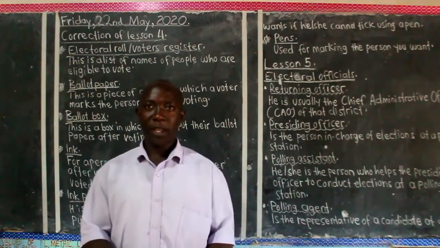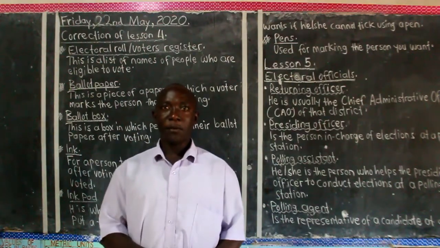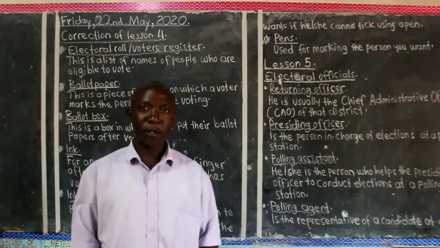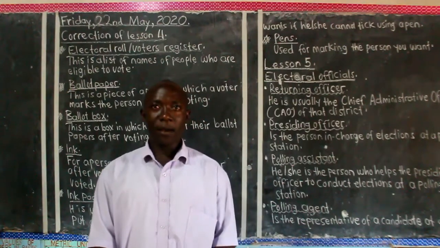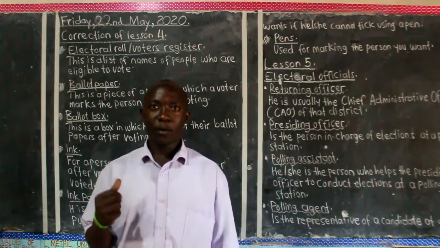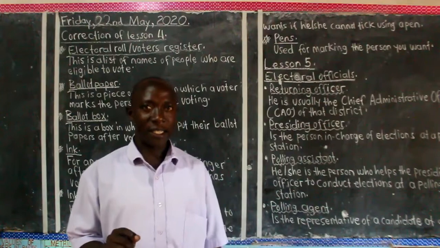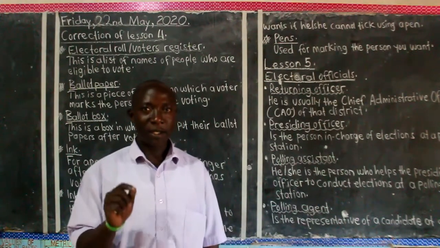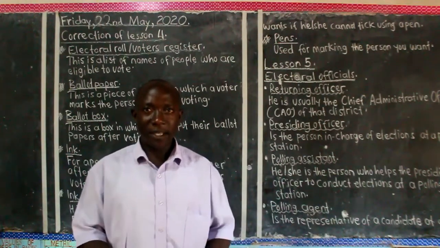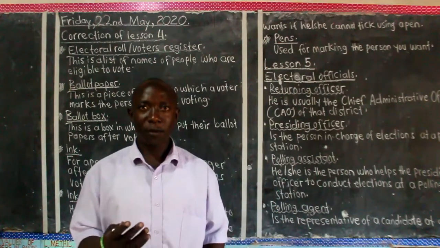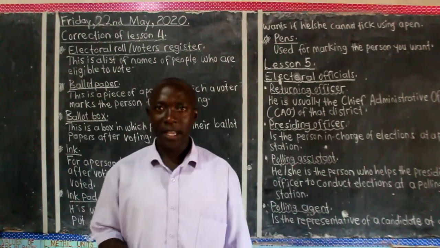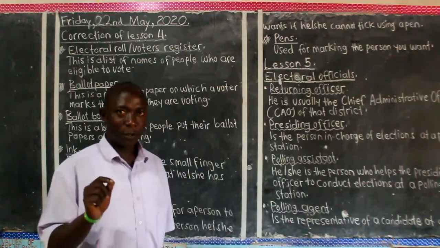Today, I'm here again to take you through lesson 5. But before we continue with lesson 5, I want us to go through the activity that I left with you, to tell me the uses, the importance, the purpose of the election materials that I left with you.